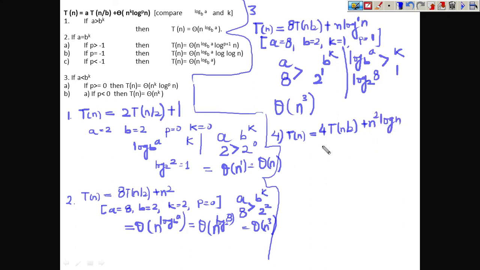So here you can find log a base b and k. So what is log a base b? A is 4, b is 2, which gives 2, and k is 2. So actually this is the case of log a base b equal to k, then this is case 2.